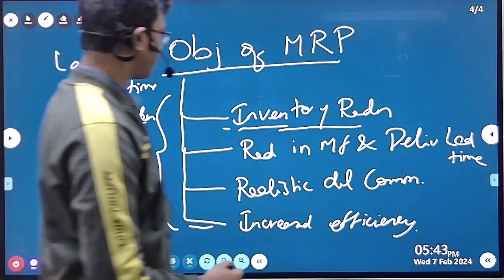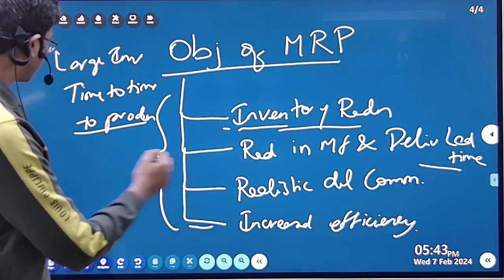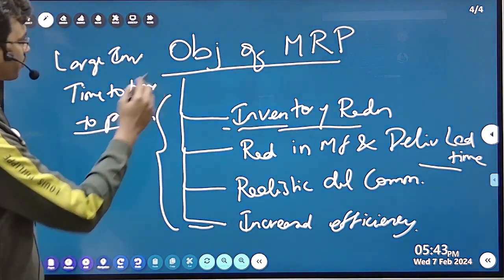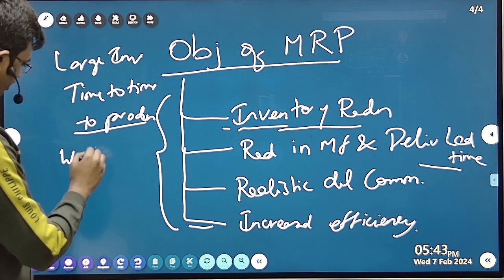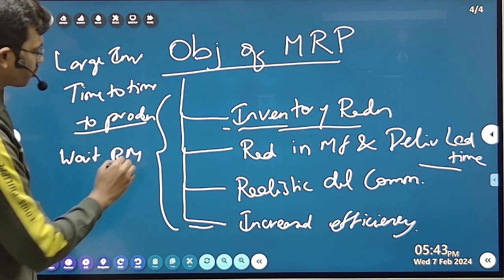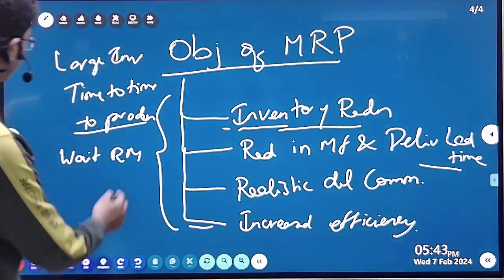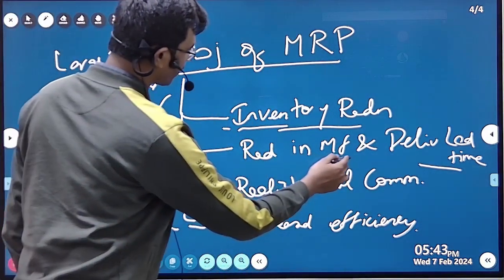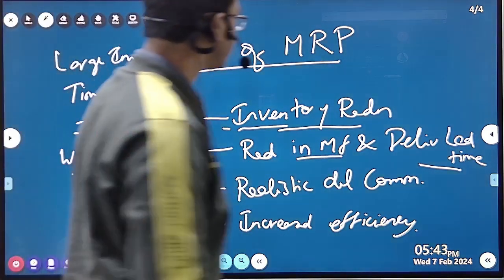Then reduction in manufacturing and delivery lead time. If you have the process in place, there should not be any wait for raw material, right? Because you already know when and how much the raw material is needed, so this waiting will be reduced. So that will in fact reduce your manufacturing lead time. Okay, and similarly with the delivery.